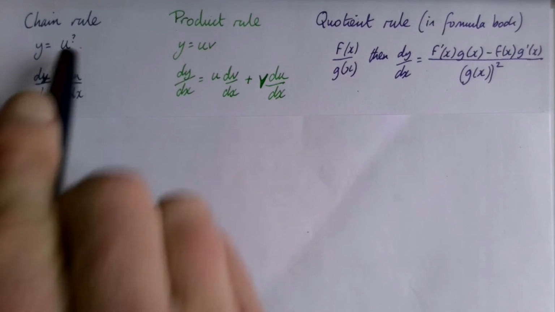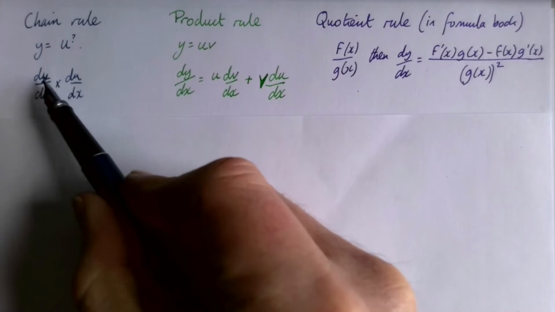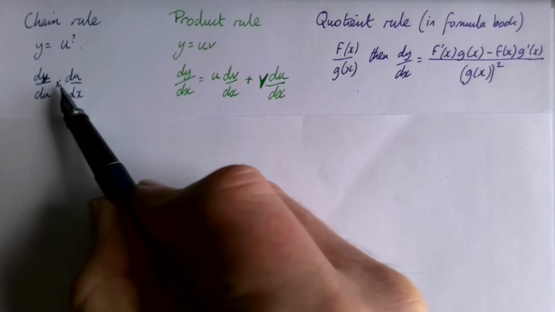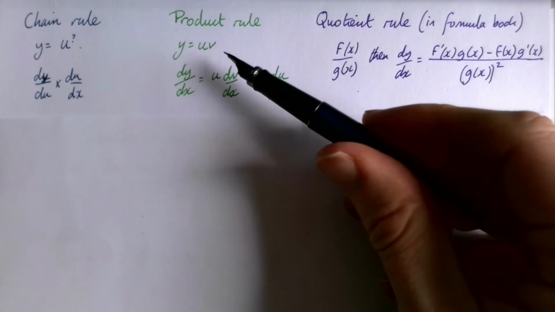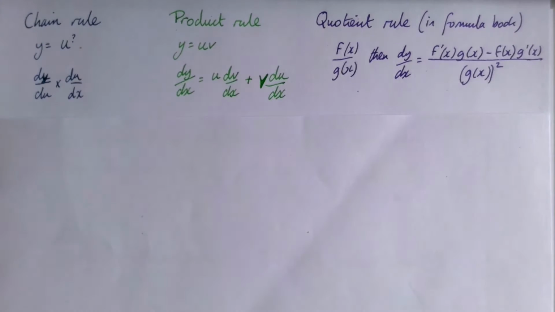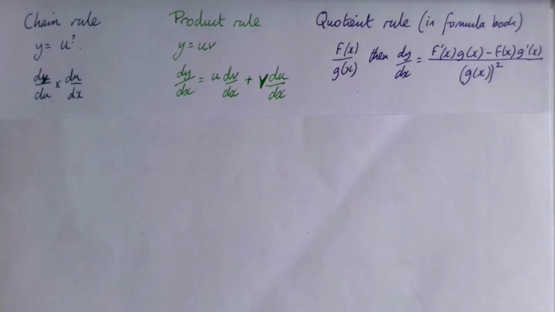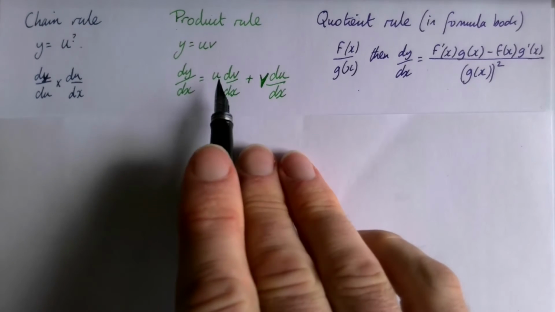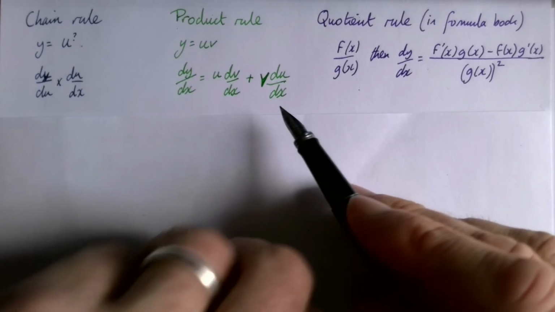We let that equal u, but you can use it for things that are a little simpler as well. For that we need to do dy by du and then times that by du by dx. Then we've got the product rule, where you've got two different functions multiplied by each other, so it might be x cubed sine x, and then you differentiate both of those separate functions and multiply each of them by the other. Now that links through to the quotient rule.